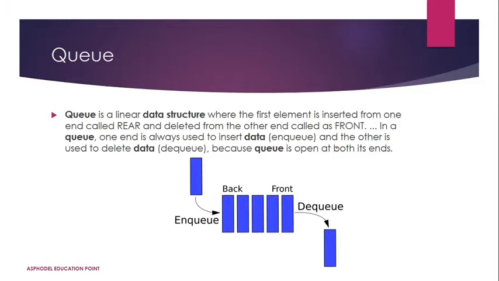Now consider our example of people buying tickets on a railway platform. They will form a line, and the person who gets the ticket is always the person who entered first and who is at the front of the line. As soon as he gets the ticket, he is removed from the queue, in other words he leaves the queue. Whenever a new person who wants a ticket enters the platform, he stands at the back of the queue.